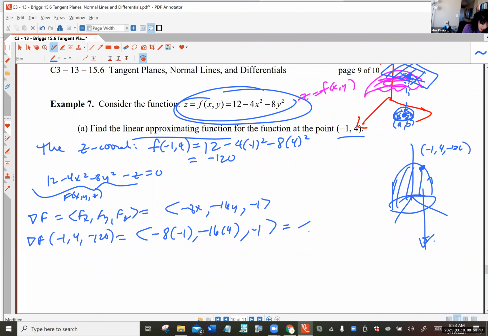This is going to be the normal vector to the tangent plane. So this is a picture of the tangent plane, and this is the normal vector. You're going to use it to get your tangent plane equation. Great.